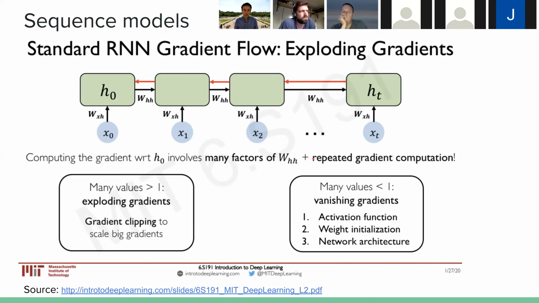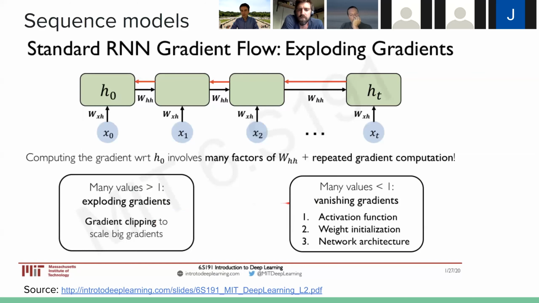Using the chain rule, basically we're going to have multiple factors multiplied together, and if many values in this long multiplication are more than one, we're going to have a problem called exploding gradients, where you multiply something that's greater than one, eventually it'll get out of control. One way to counterattack that is to clip your gradients. That's a method where basically you normalize your gradients whenever they cross a threshold.